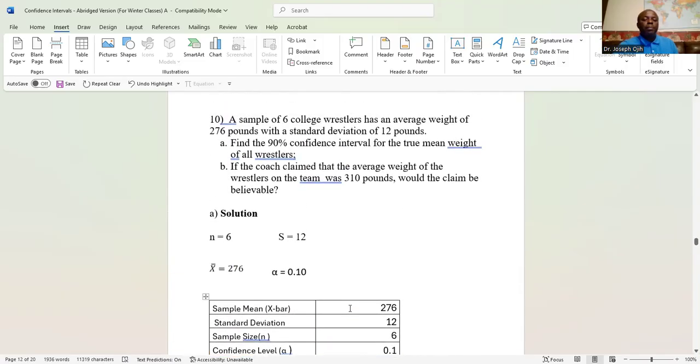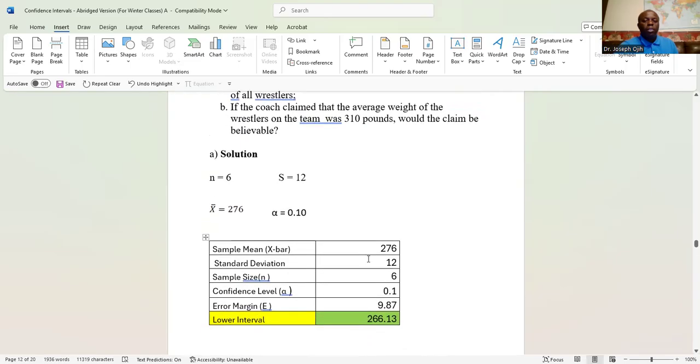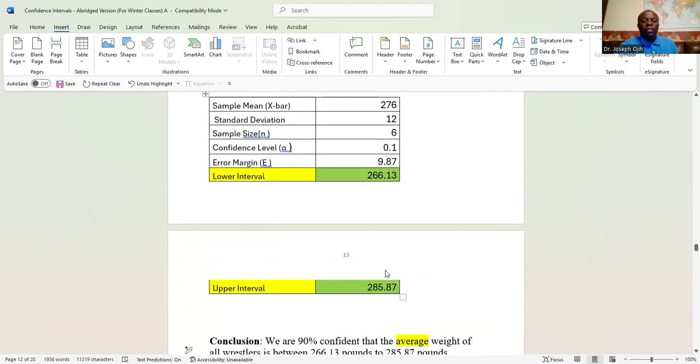Okay, no question. So part B says, if the coach claimed that the average weight of the wrestlers on the team is 310 pounds, would that claim be believable? Of course, it's not, because it does not fall within the interval.